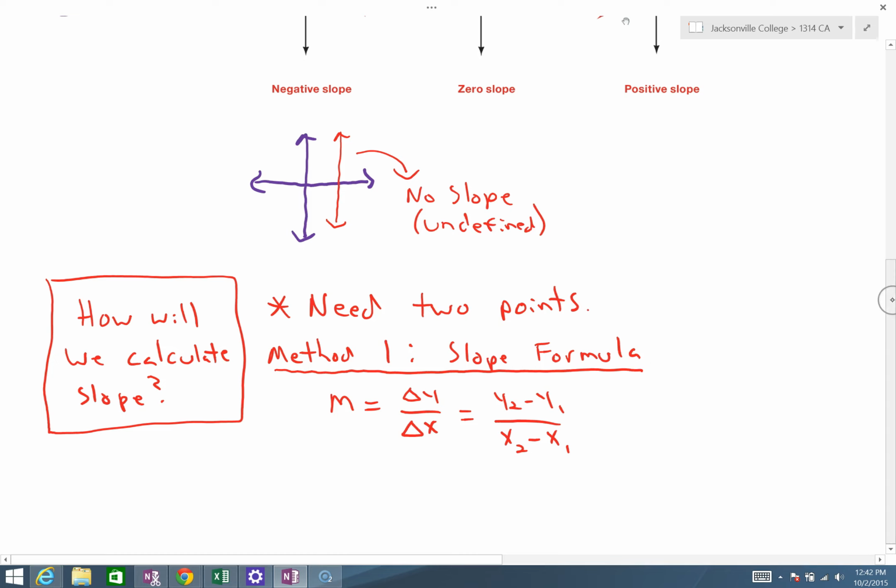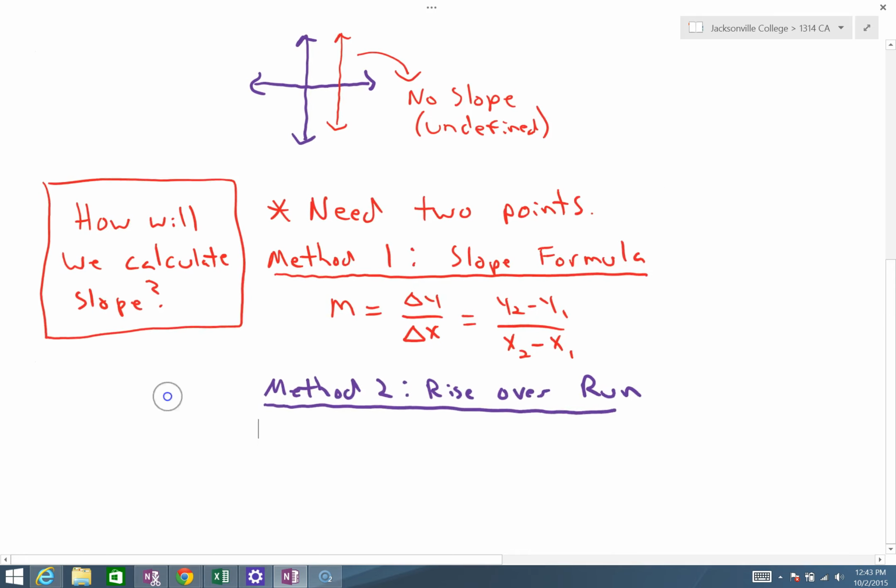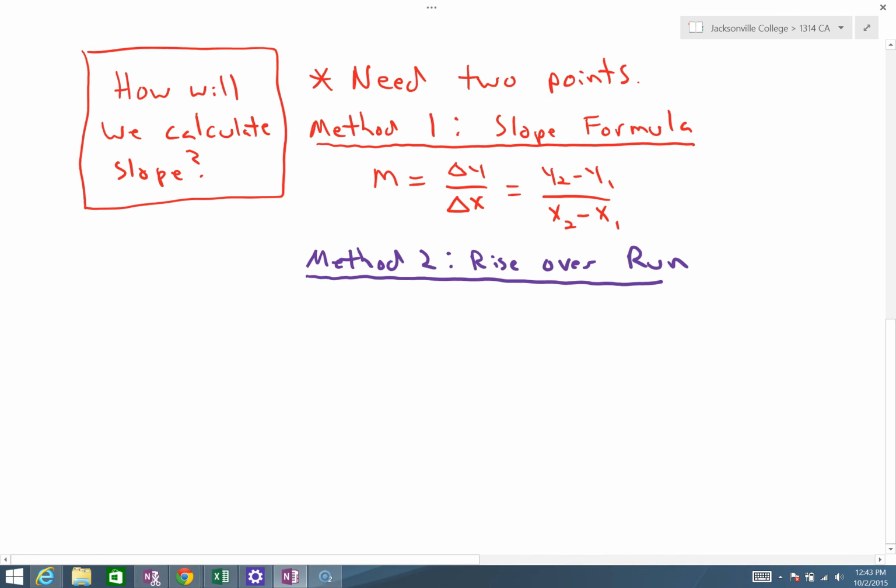All right. Method number 2. Rise over run. This really is capitalizing on this same change in y, change in x.